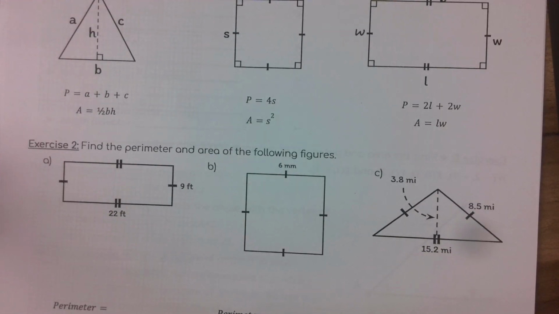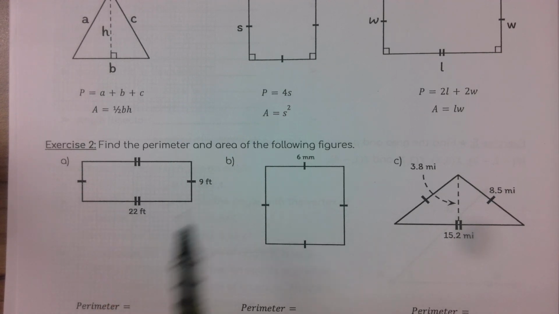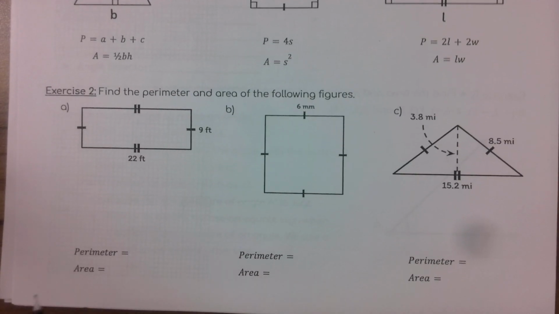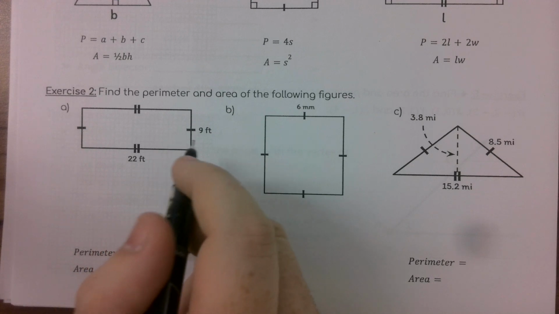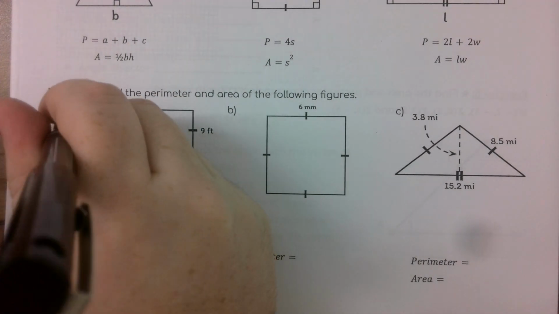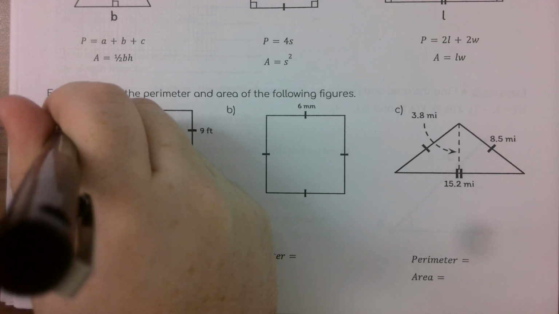So let's take a look at some of these. Let's start by finding the area and perimeter of part A. One thing I recommend doing with perimeter is labeling each of the sides. We know this is a rectangle because of the congruent opposite segments. If this side is 9 feet, then this side is also 9 feet.